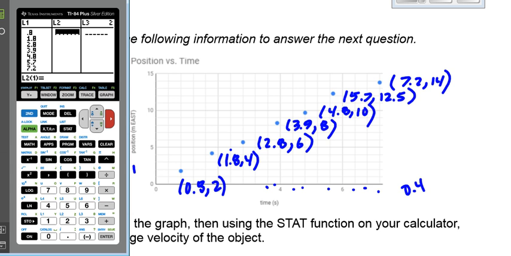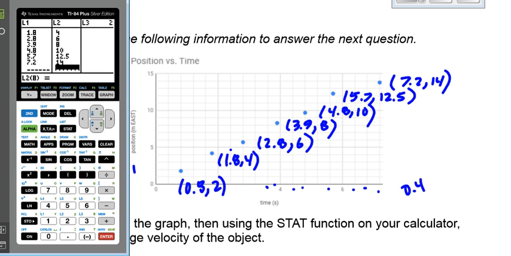I start at 2, 4, 6, 8, 10. I said 12.5. By the pattern here, it might be supposed to be 12, but we'll go with 12.5. And 14.